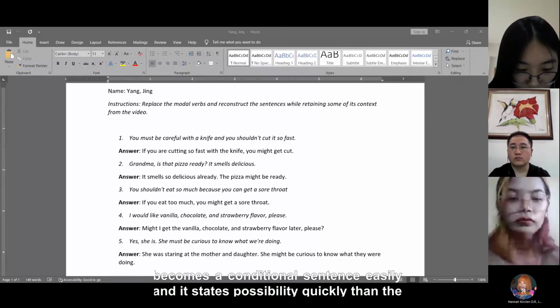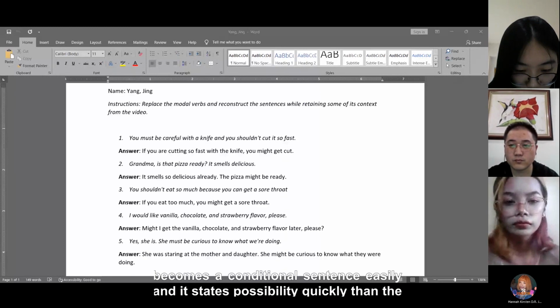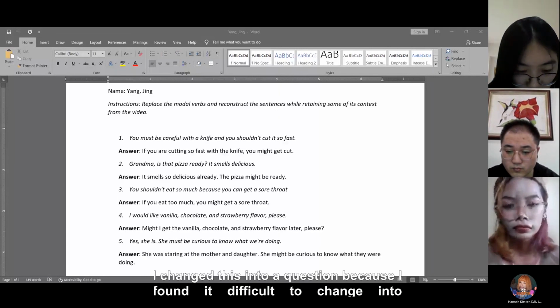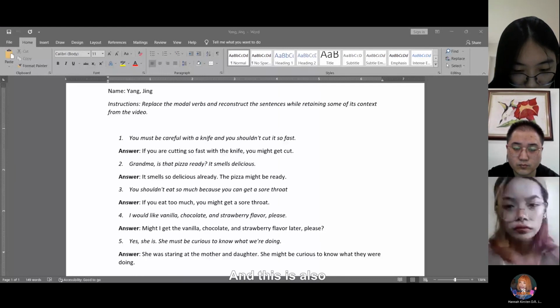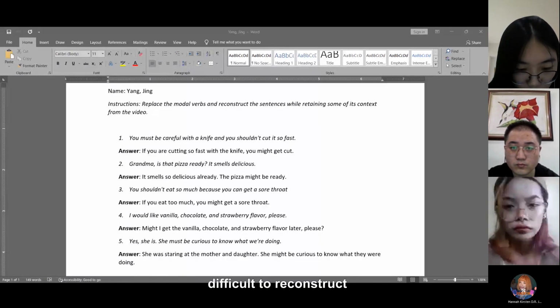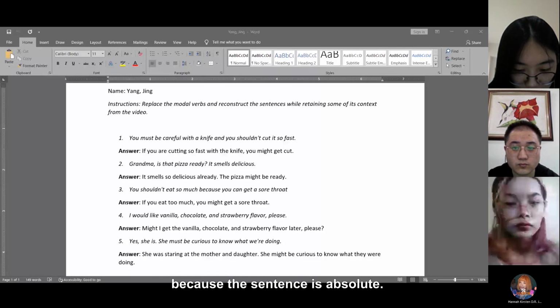I changed this into a question because I found it difficult to change into a declarative form because it is only a single sentence. This is also difficult to reconstruct because the sentence is absolute.